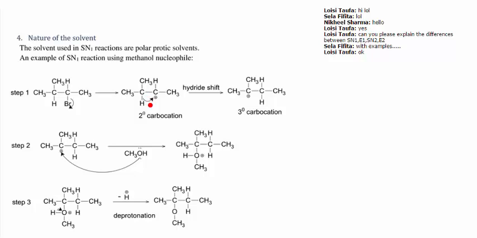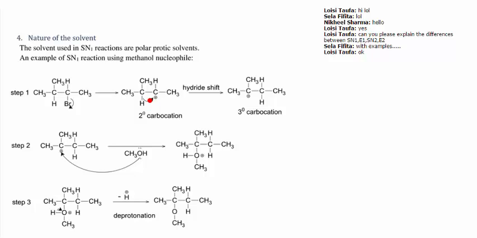It can be seen that if this hydrogen moves from this carbon to that carbon, then we can actually form a tertiary carbocation. This stability thing will always happen. You will always have to look at it when you are doing SN1 reactions. Otherwise, you will get a totally different product right at the end.